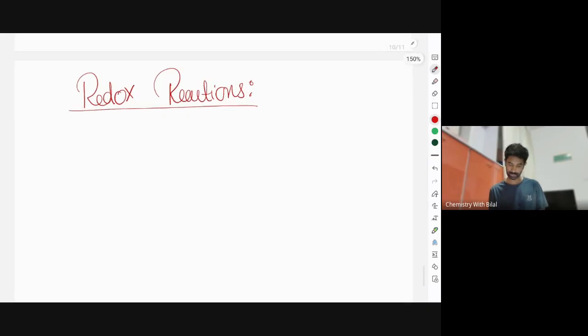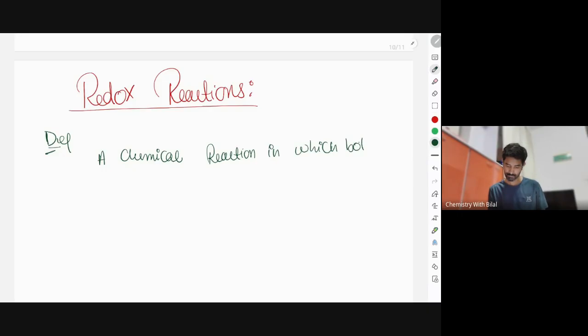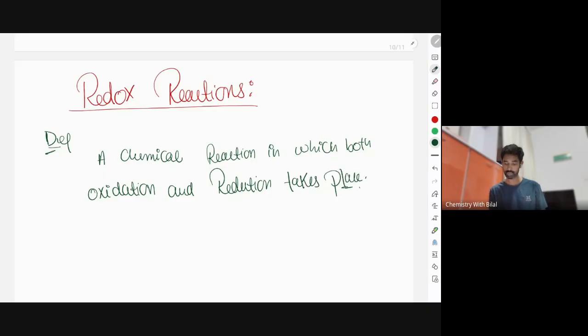So, redox reaction. First of all, let's define redox reaction. I want everyone to listen and note: a chemical reaction in which both oxidation and reduction take place is called a redox reaction.